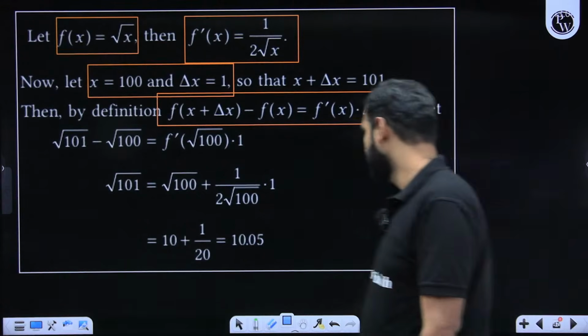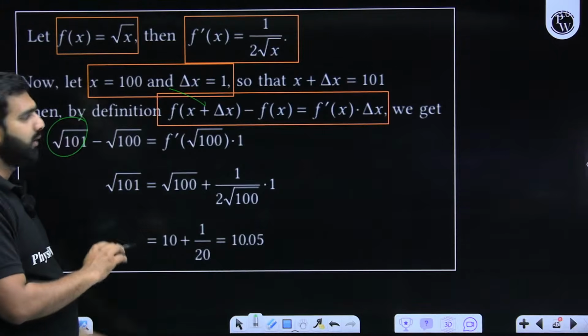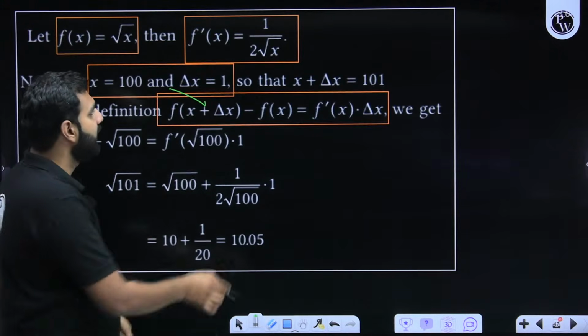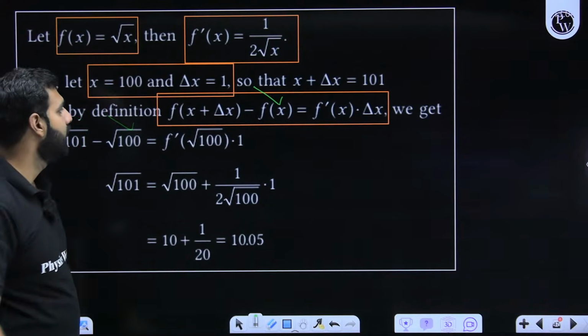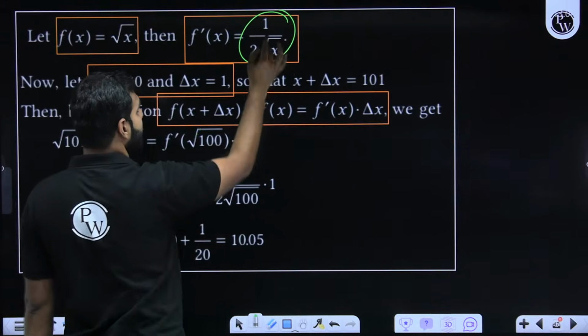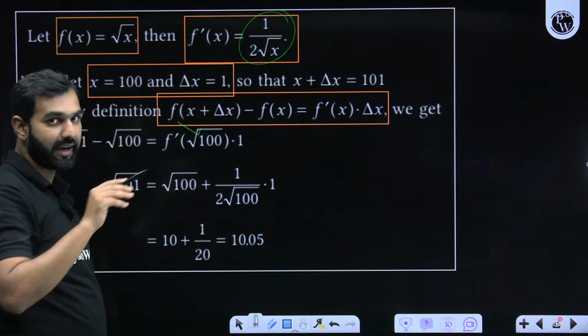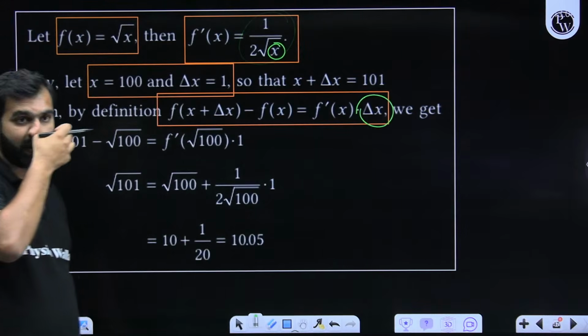It means f(x + del x) is under root 101, because 100 plus 1, minus f(x), that is under root 100, which we know how to figure out, equals f'(x) with x replaced by 100, into del x. Del x was 1, I hope you remember.